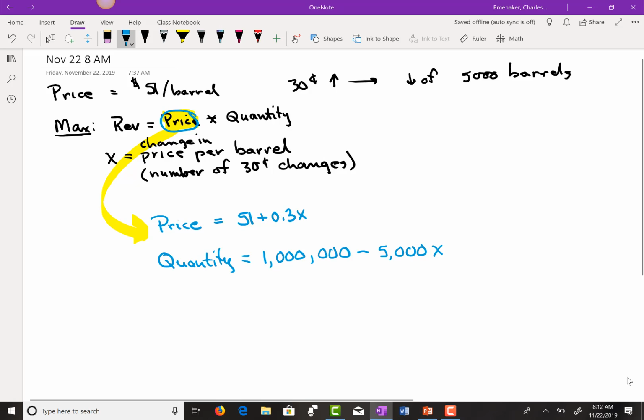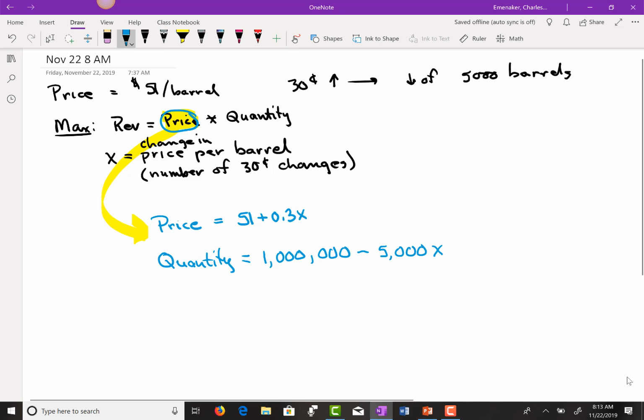Now, something to notice as well is if x equals -2, that means you're going to do what to the price? Going to decrease the price. What happens in the quantity equation if x is negative? If x is negative, what happens to the quantity sold?